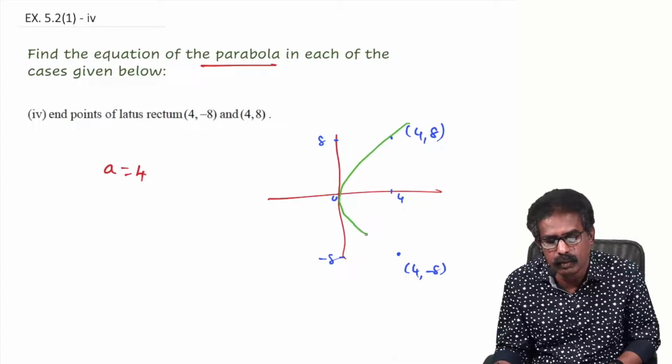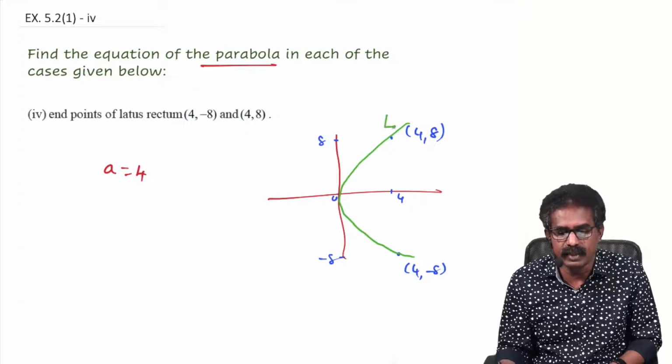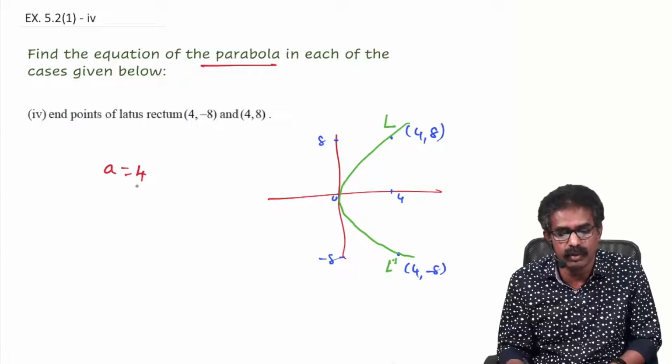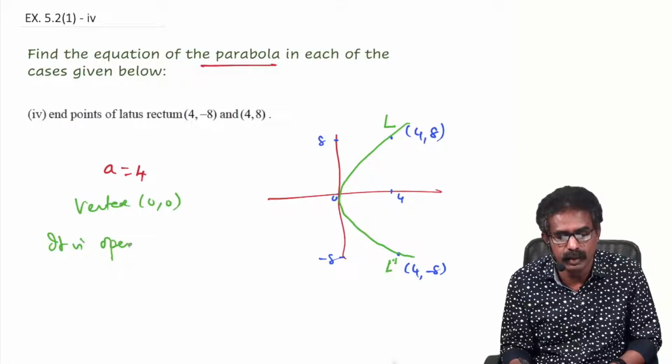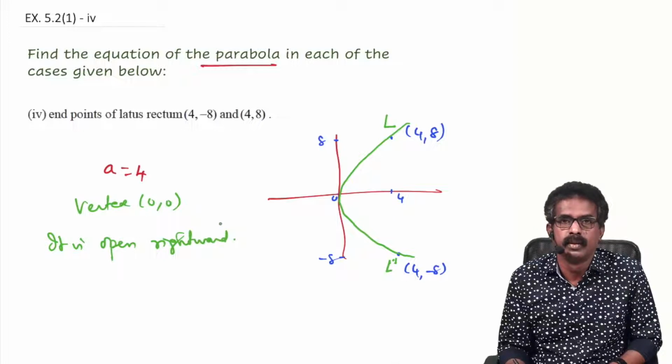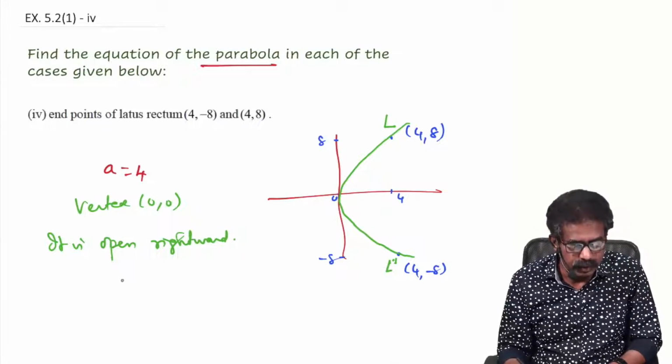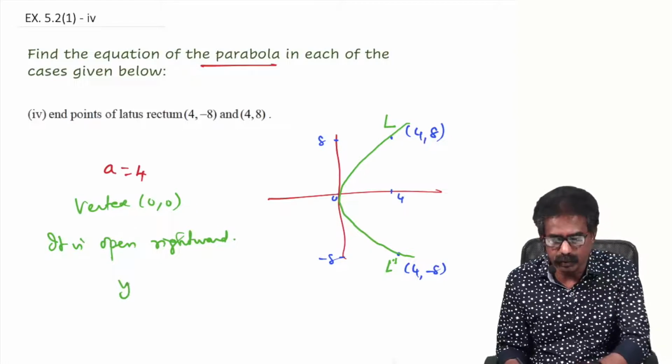And (4, minus 8). Okay, these are the endpoints of the latus rectum, L and L dash. So a equal to 4, the vertex is (0, 0), it is open rightward. So what's the equation? Equation is very simple one, y square is equal to 4ax.